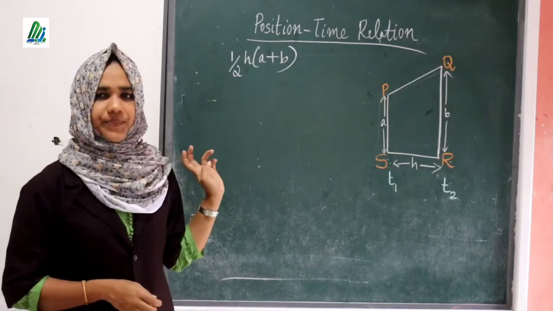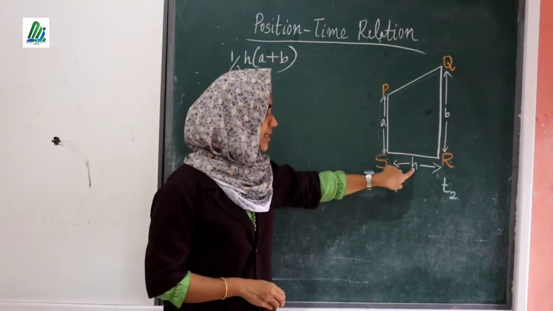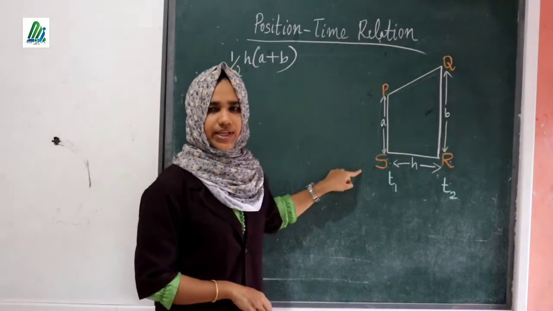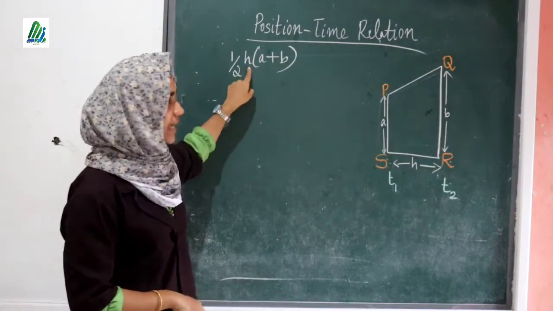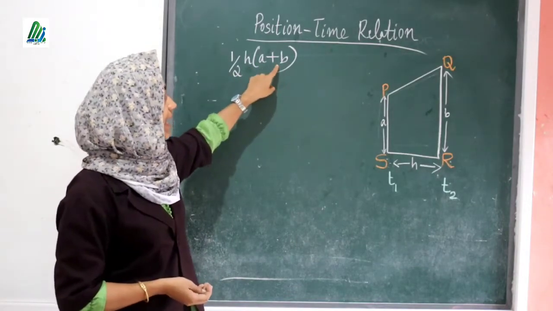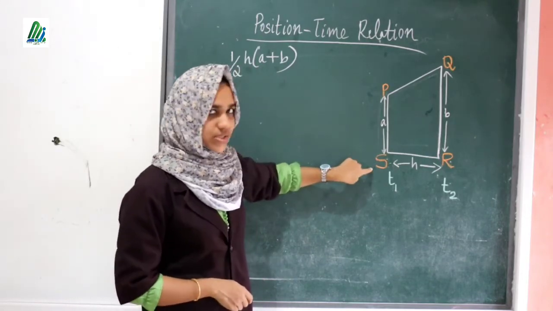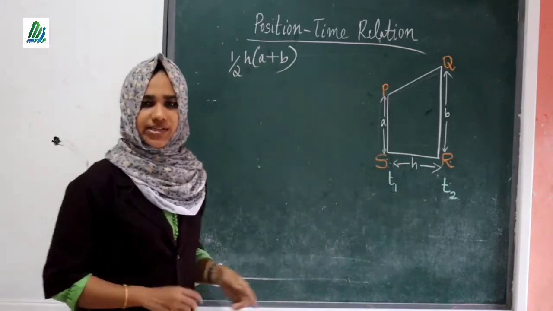So we can write half H, and instead of H we can write SR. Then instead of A and B, A is PS and B is QR. Is it clear?